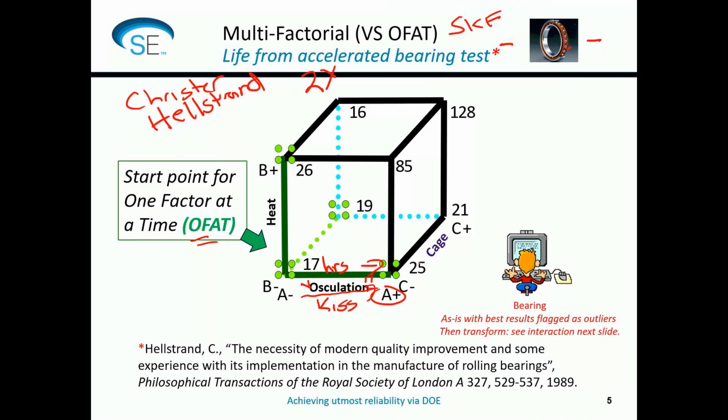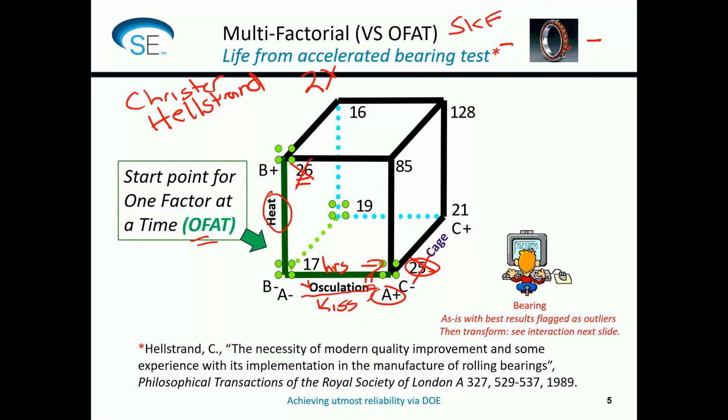But as you can see from the numbers here, when they increased oscillation from low to high, it did increase the life, but it didn't double the life. And so that was a fail. So they put their heads together and they said, well, our second best idea would be the heat treatment that we put on the bearing, which surprisingly gave somewhat better, but probably just by chance, life, but it also was not doubling. And so that was a fail.